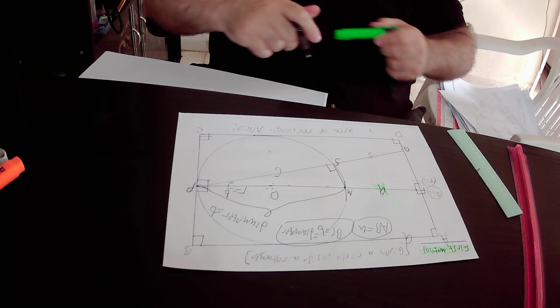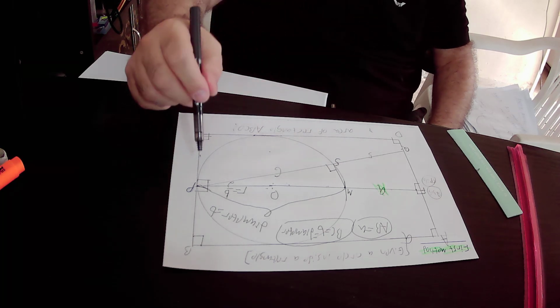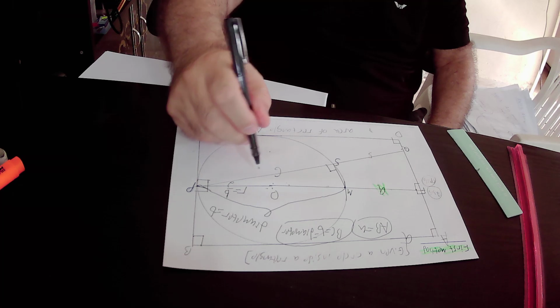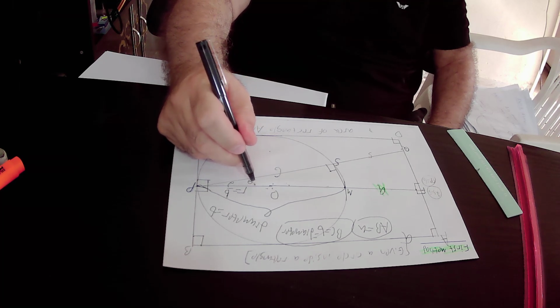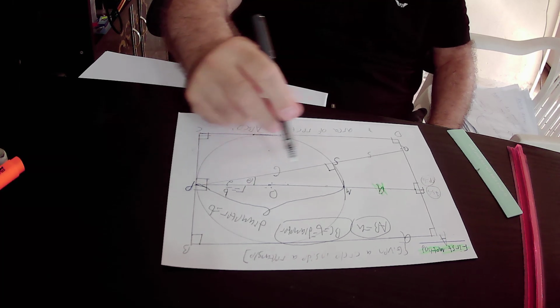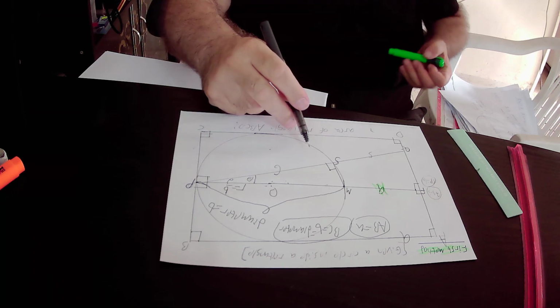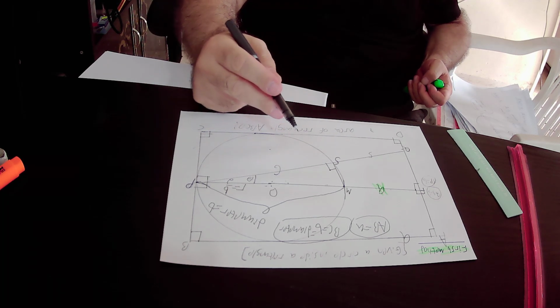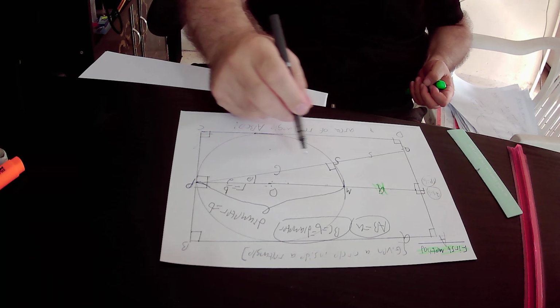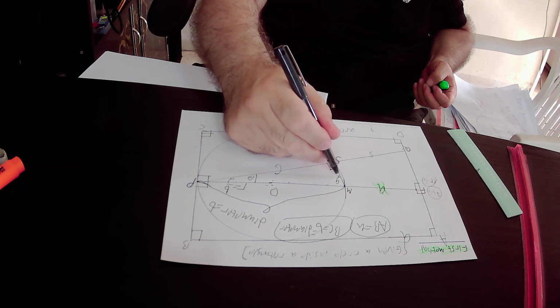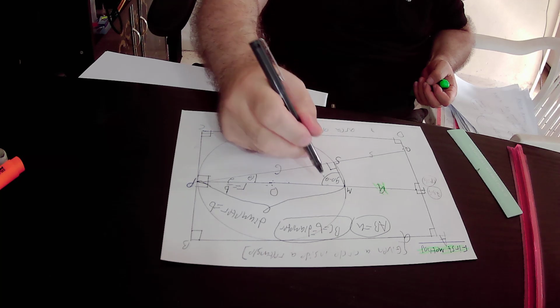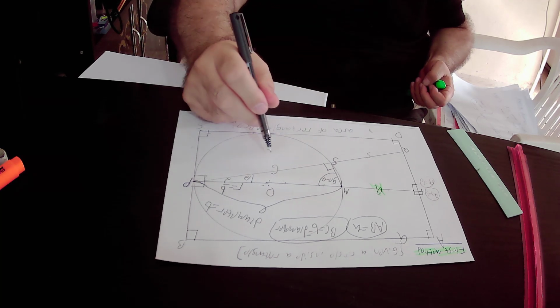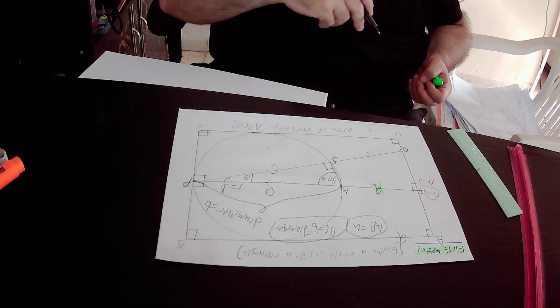We define angle MPS as theta. We'll focus on triangle MSP, that is a right triangle, because this angle equals 90 degrees. This angle equals theta, so this angle must be equal to 90 degrees minus theta. Why? Because 90 degrees minus theta plus theta is 90 degrees, and 90 degrees plus 90 degrees is 180 degrees.